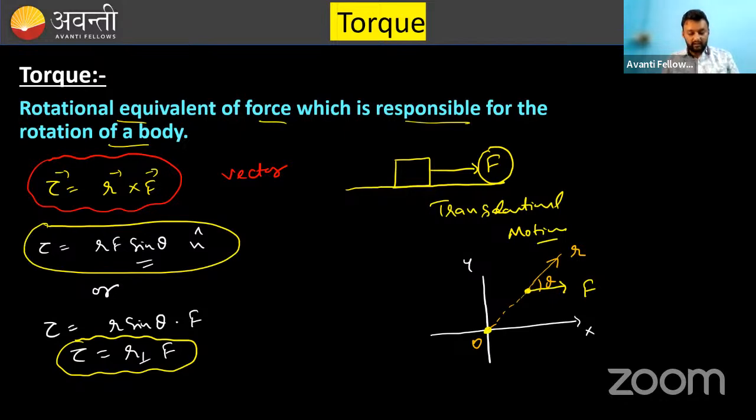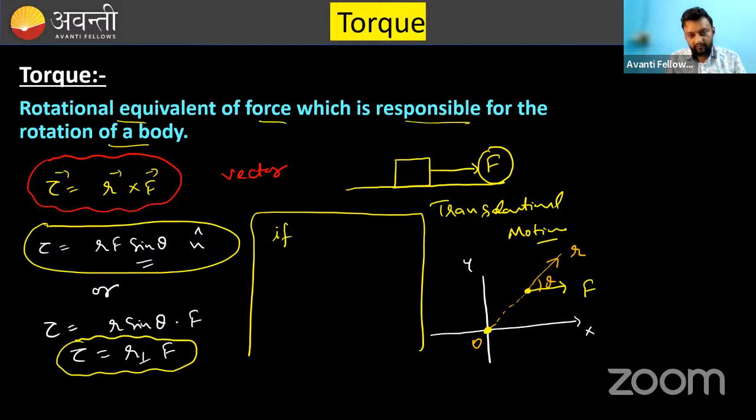Clear? Now, if I talk about the first law of motion in terms of rotation, in terms of torque, it says: if tau external is 0, then angular acceleration will also be 0.